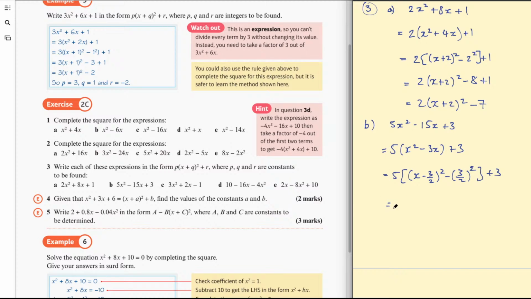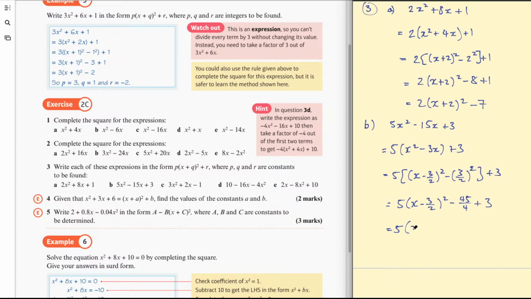And then expand the 5, so we would have 5 multiplied by x take 3 on 2 all squared, and then this is 9 on 4 multiplied by 5, that will be 45 on 4, so take 45 on 4 plus 3, and then we can simplify that as well, I guess.